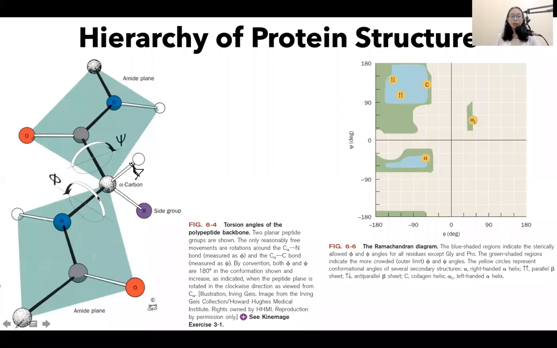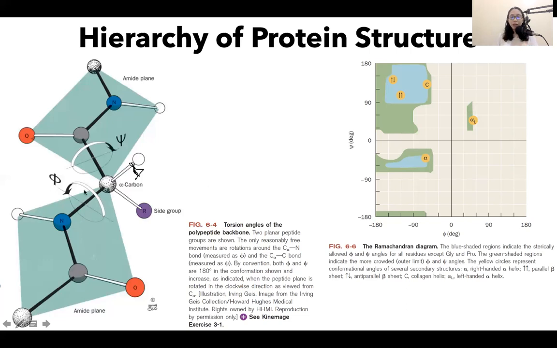Now, if the carbonyl carbon nitrogen, or basically these two bonds, are 180 degrees with respect to the alpha carbon nitrogen bond, then your phi angle is equal to 180 degrees.